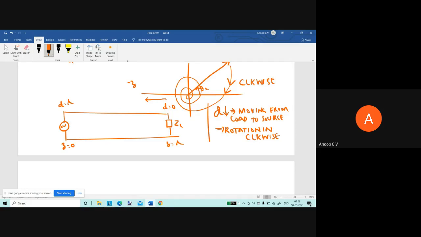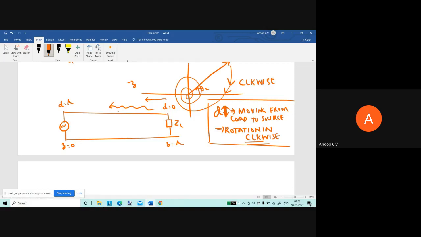Sorry, it should have been d increasing from 0 to L means we are moving from load to source. So an increase in d, implied by movement from load to source, is reflected as rotation in clockwise in a Smith chart or a complex gamma plane.